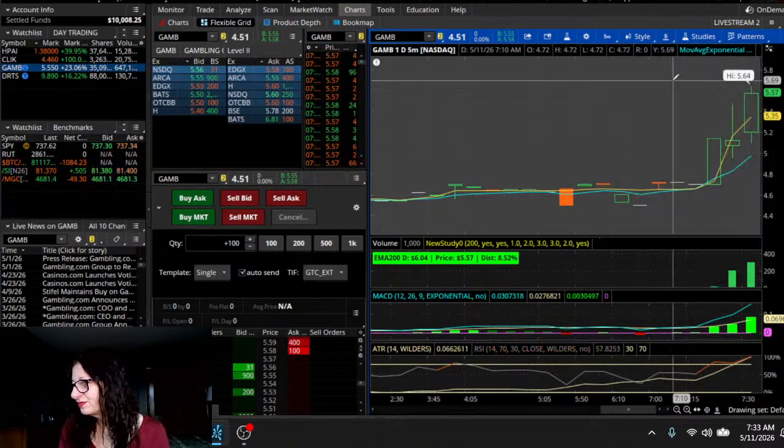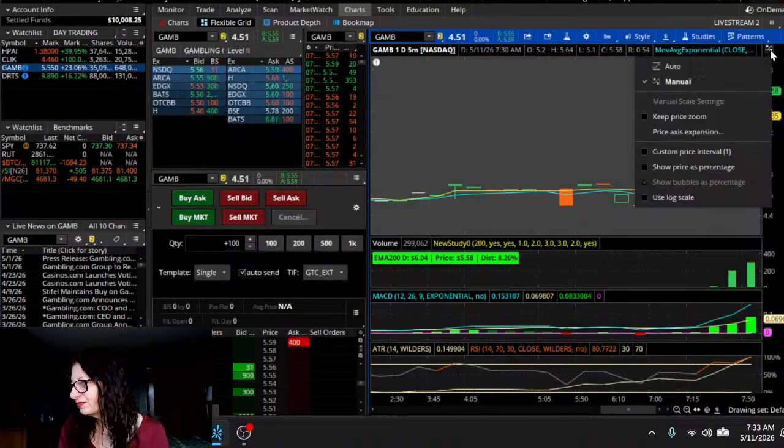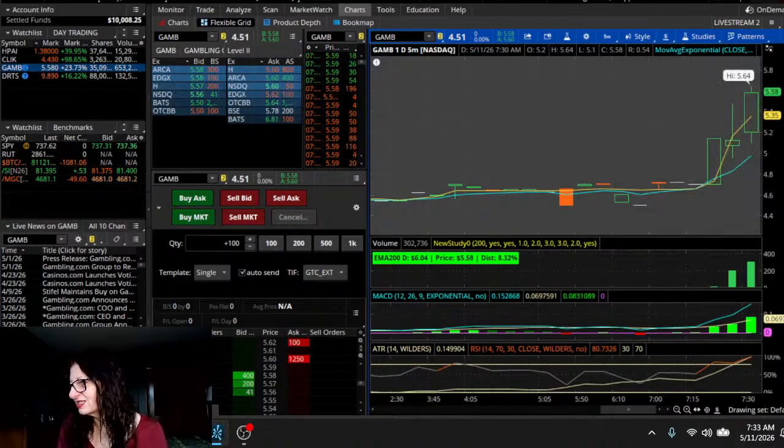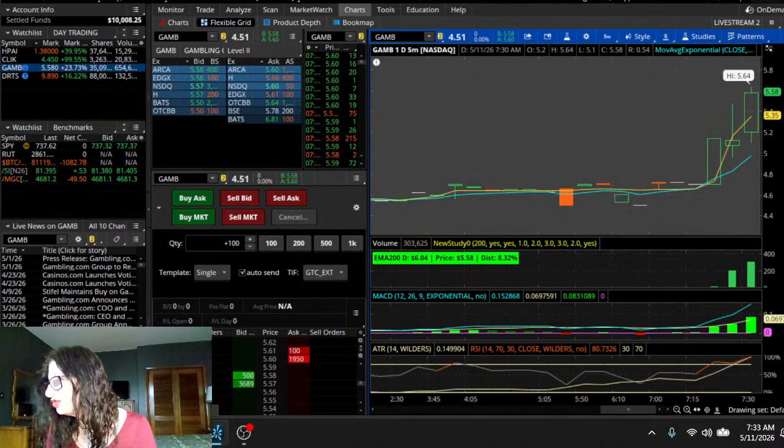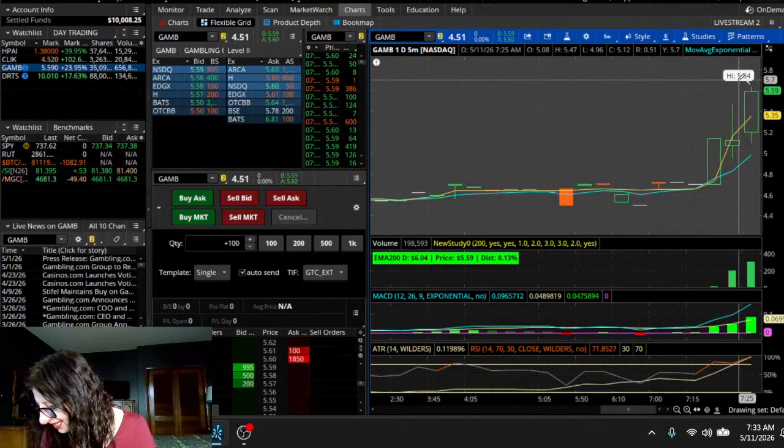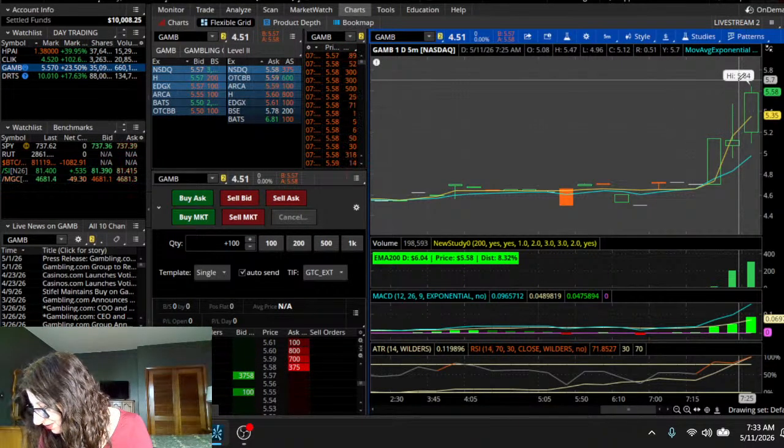Manual. Show prices percentage. Keep price zoom. Price axis expansion. All right, I will play with that. You can choose distance also. 10 and 10.